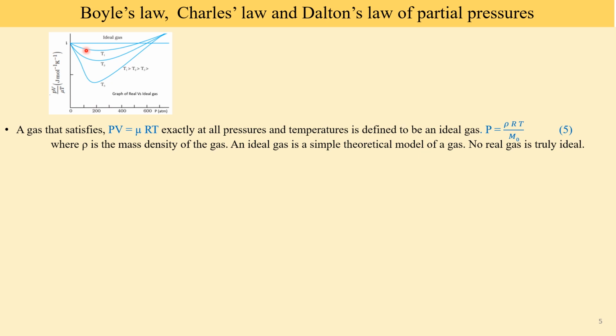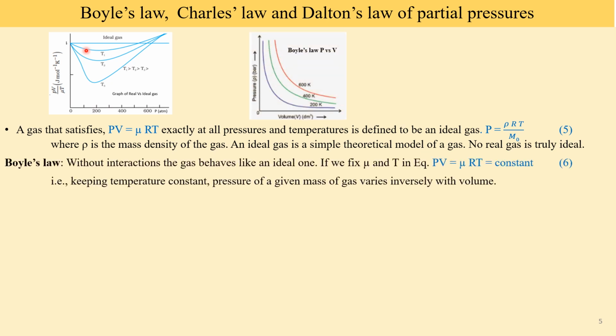If we fix the value of mu and T in equation 5, we get PV is equal to constant. If we keep the temperature constant, the pressure of a given mass of gas varies inversely with volume.